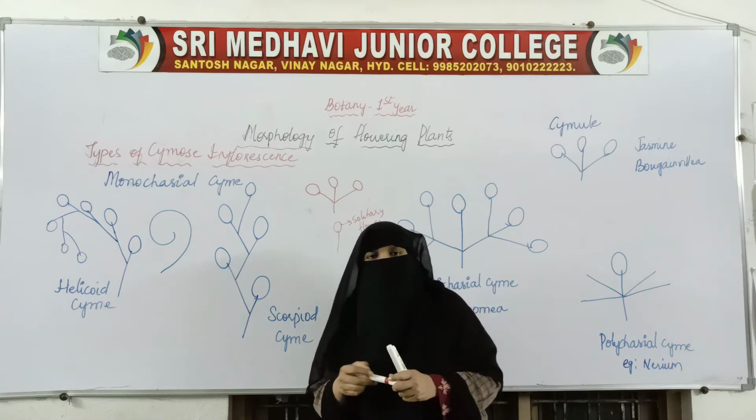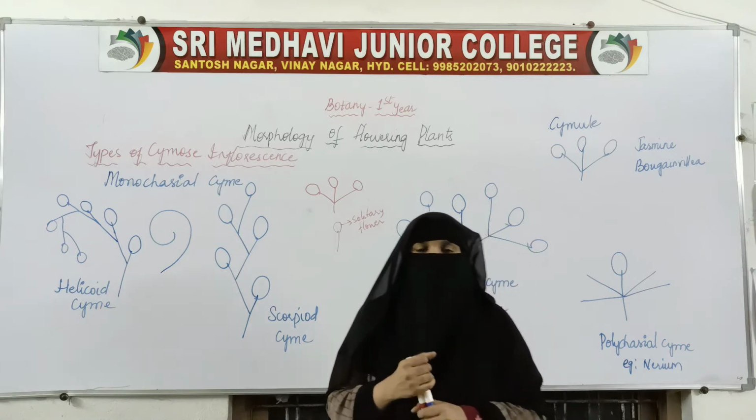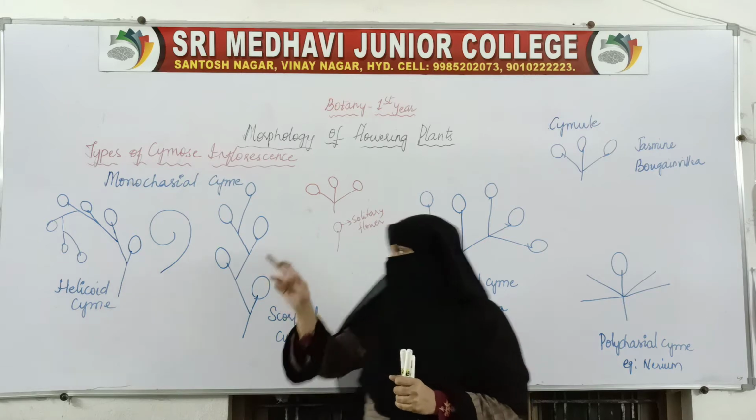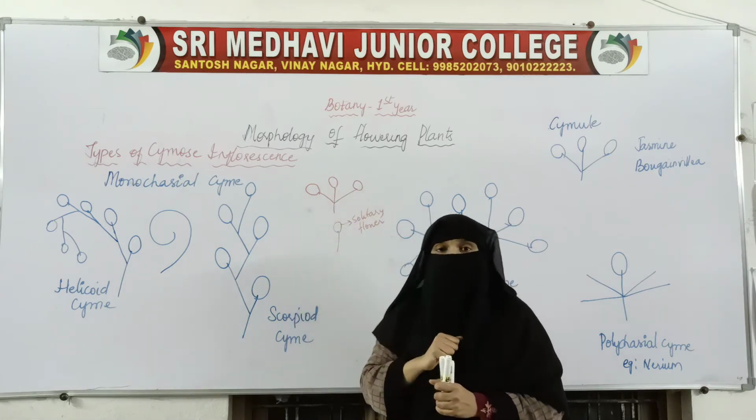Now we have three different types of cymose inflorescence. If there is only a single flower at the tip, then this flower is called a solitary flower.